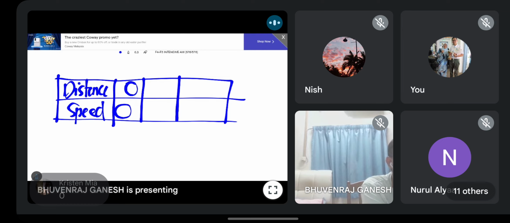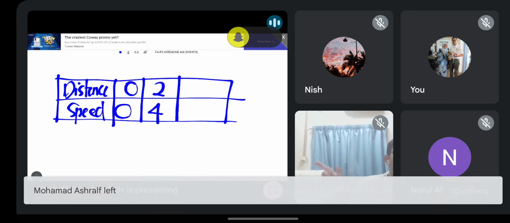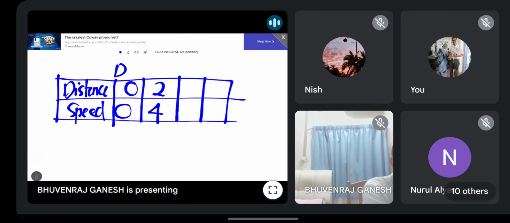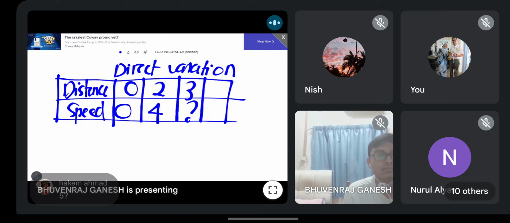So now guys, let's say I got distance 2 and my speed is 4. Jarak 2, laju saya 4. So guys, assume this is direct variation lah. Anggap ni adalah ubahan langsung sekarang. So I want to ask you all, if my distance now is 3, can you all tell me, apa laju saya? What is my speed? I want to see whether you all understand or not.